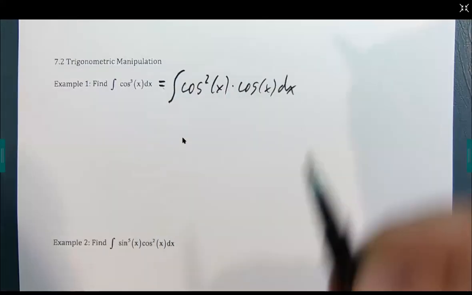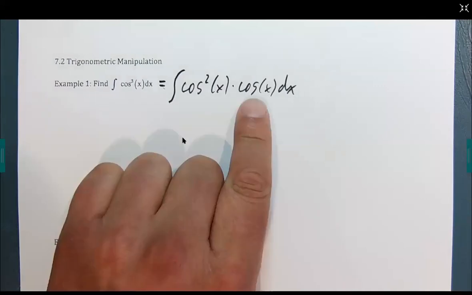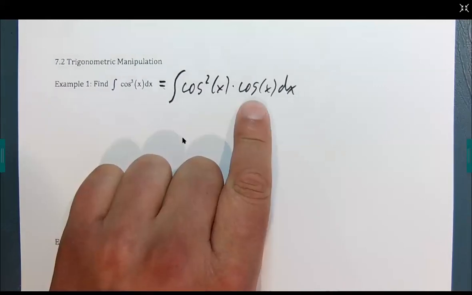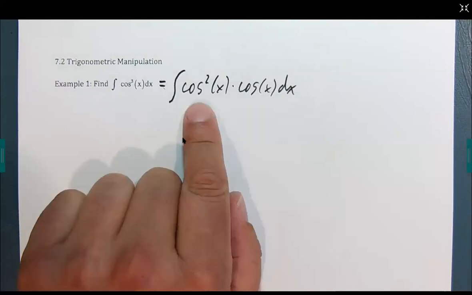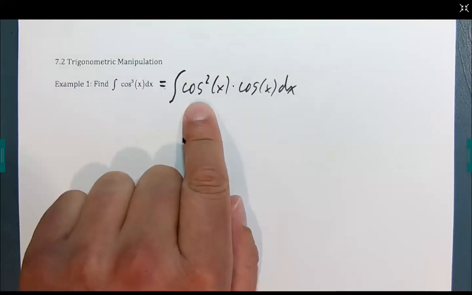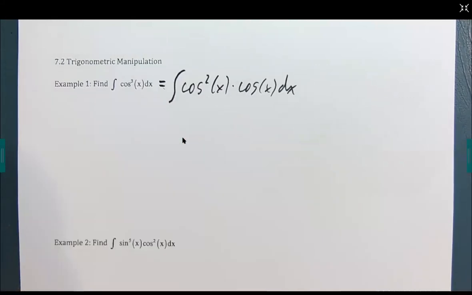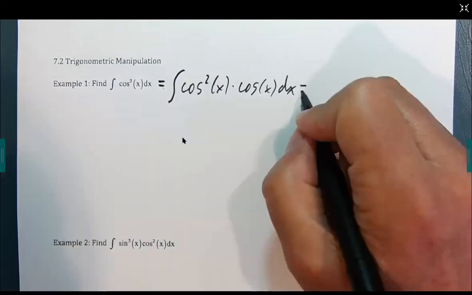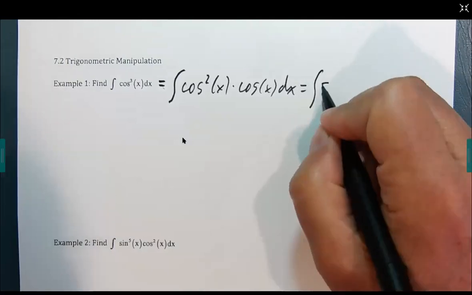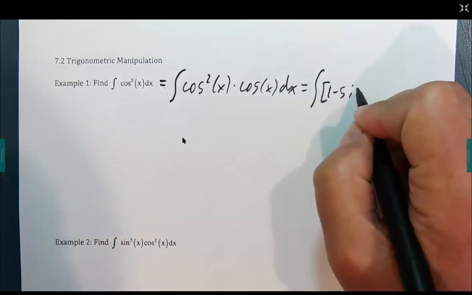And just like the previous problem, I'm going to recognize that cosine x dx is the derivative of sine x. Now I'm going to use a trigonometric manipulation, and specifically the Pythagorean identity, to rewrite the cosine squared x as 1 minus sine squared x.